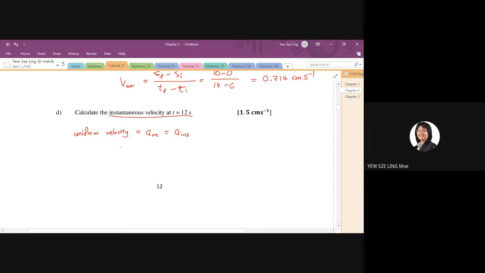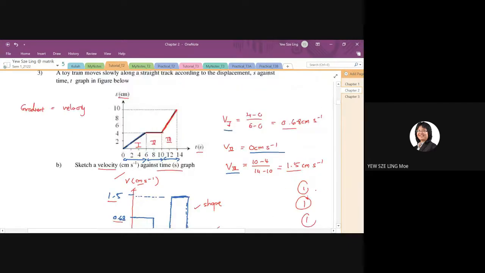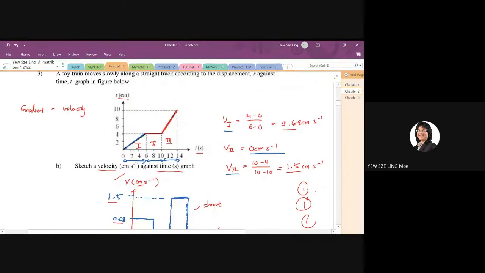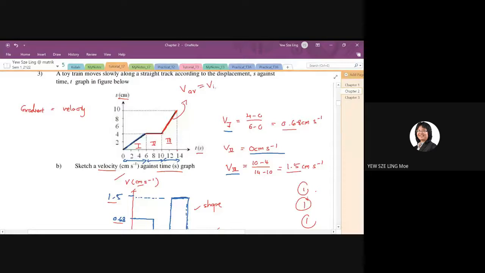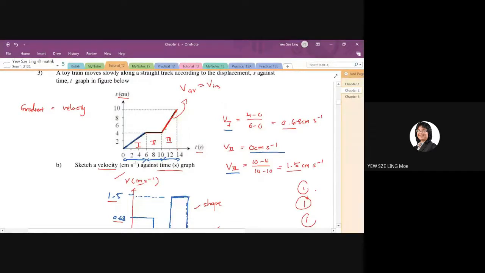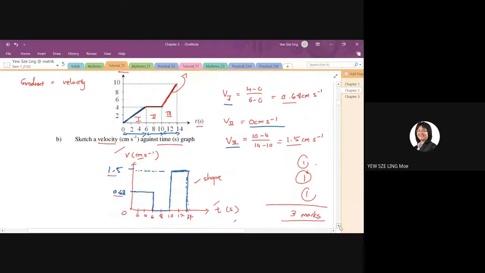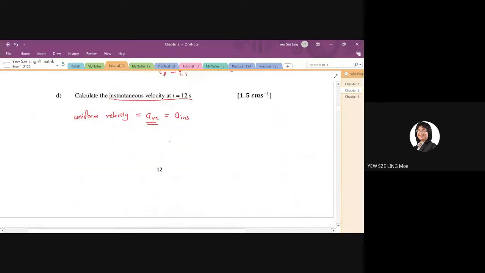But what we can do is calculate the average velocity, because when the object is moving with uniform velocity along a straight line, your V average is equal to V instantaneous. So we can calculate the average velocity for this slope. So we have final, which is 10 minus 4 over 14 minus 10.